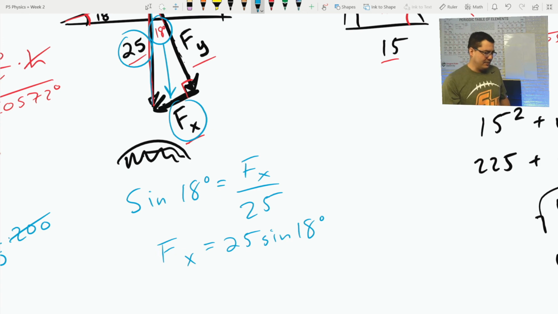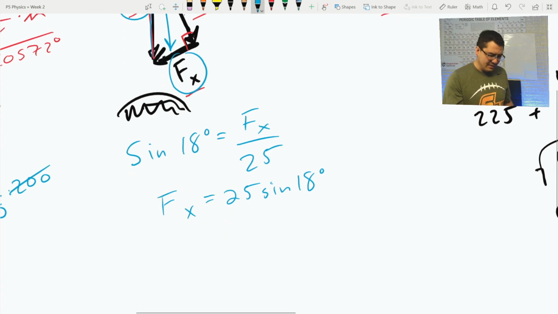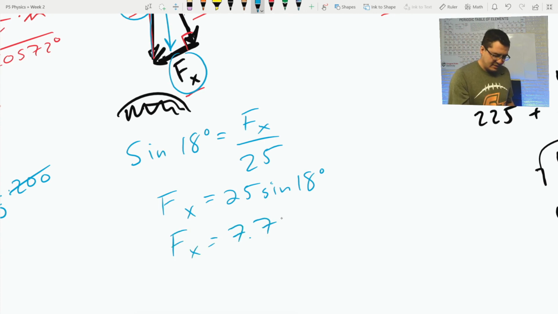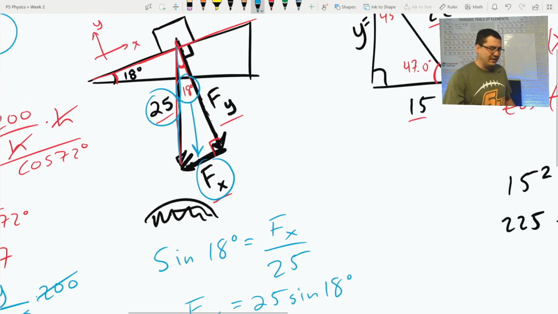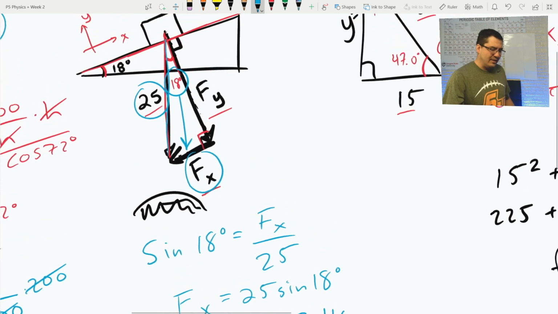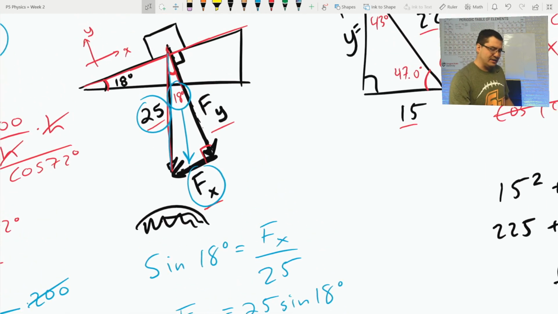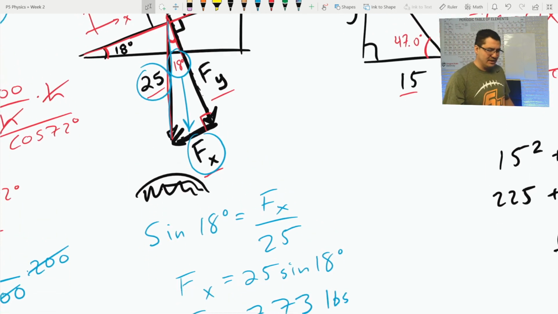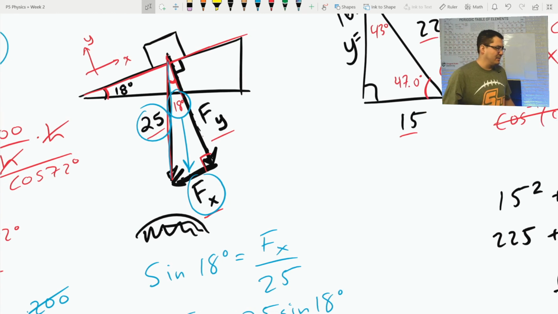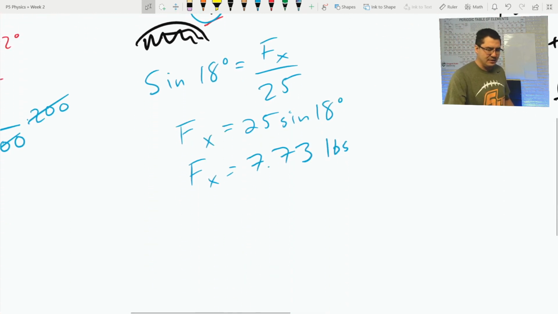I multiplied by 25. So that comes out to 7.73. If this was in pounds, let's say the weight of the box was 25 pounds, then a 7.7 pound force would be pulling it down the ramp. And the other portion, this y portion, is going to be pushing against the ramp in a perpendicular force. So let's solve for it.